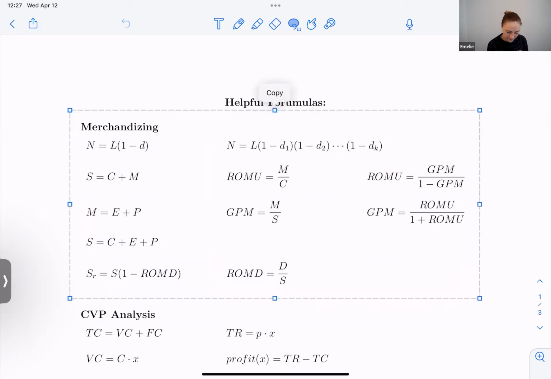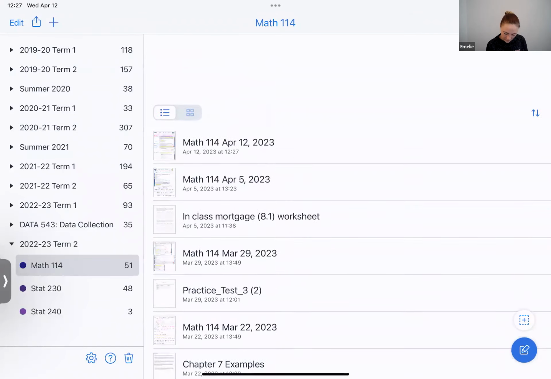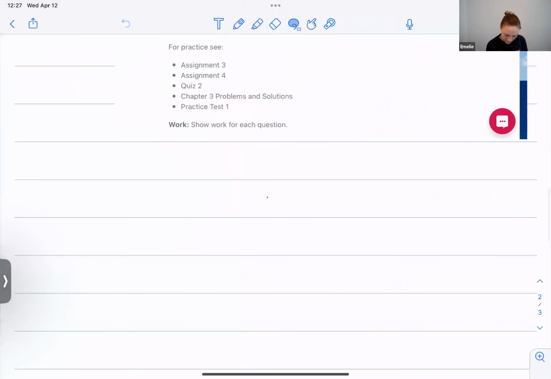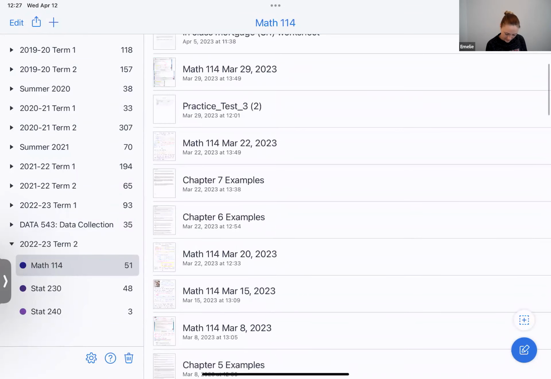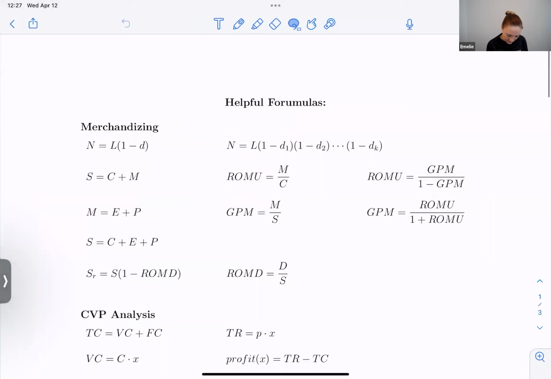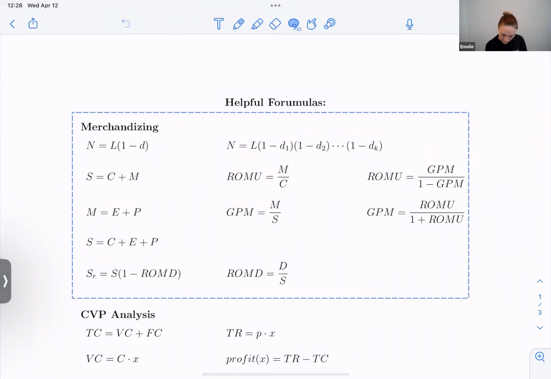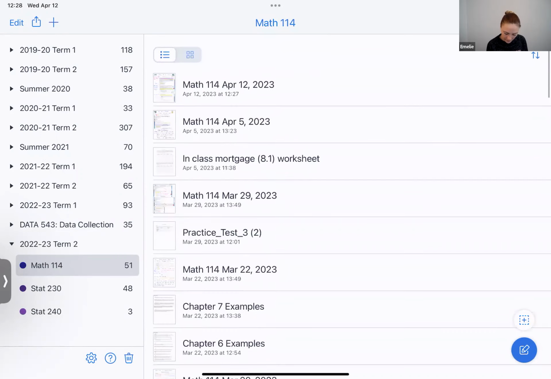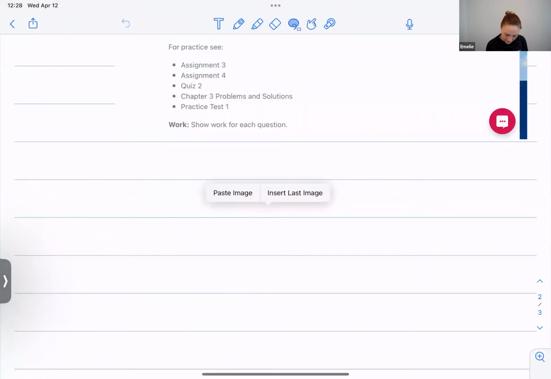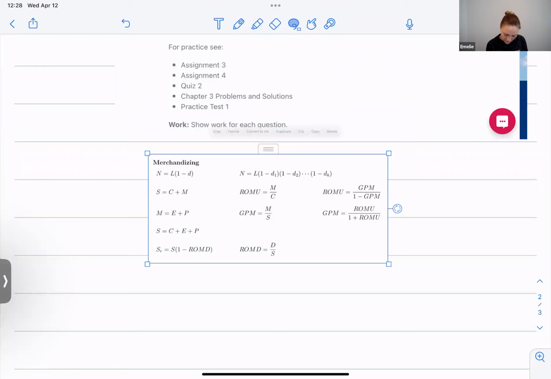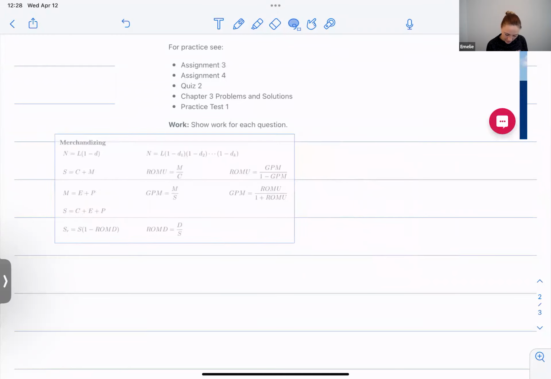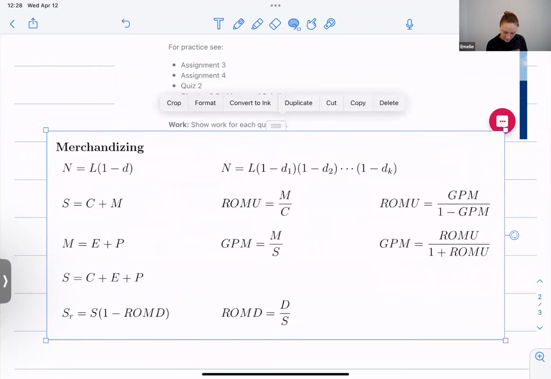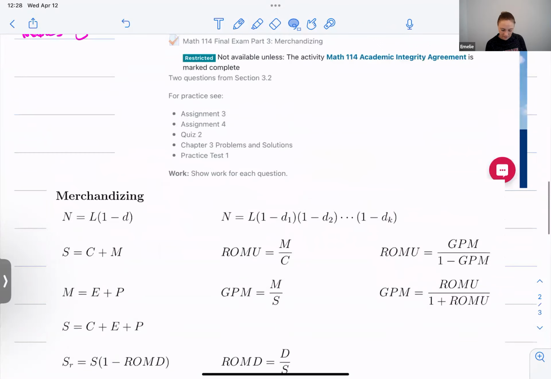Oh, it didn't grab it. So here you've got your merchandising formulas.